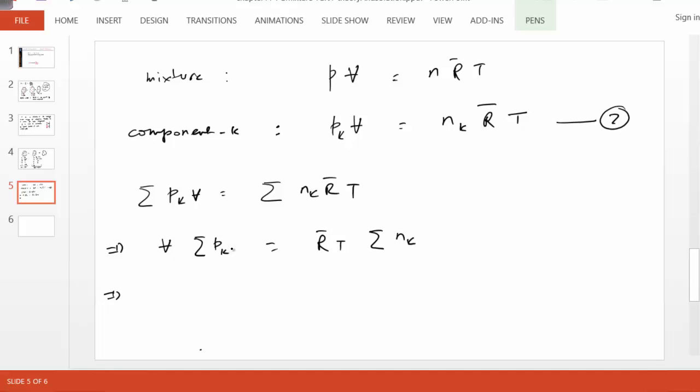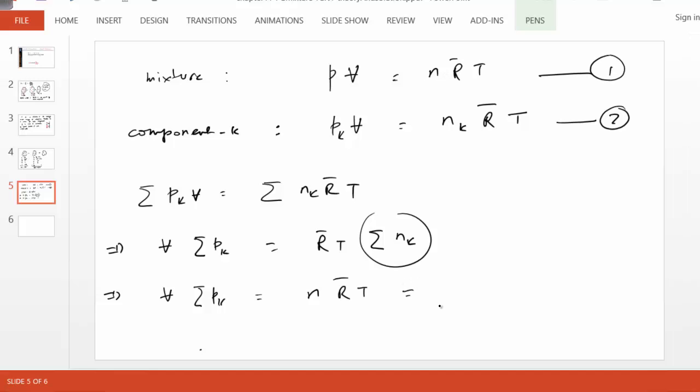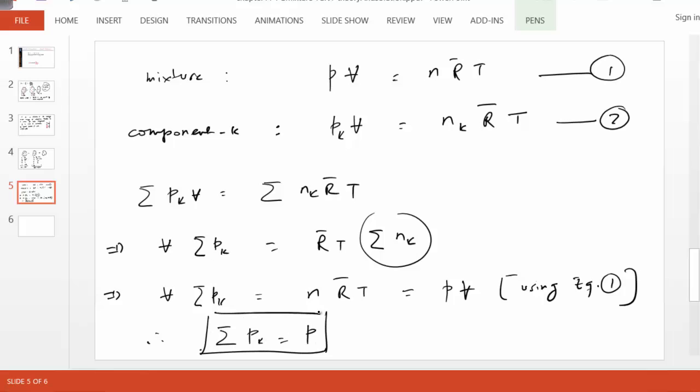And we end up with V times summation of n_k, and now we know this is nothing but the total mole: the moles of each component add up to N. And if we use equation 1, nRT equals PV. Therefore, summation of p_k is P, a very important relation. In other words, the partial pressures of all components add up to the total pressure.